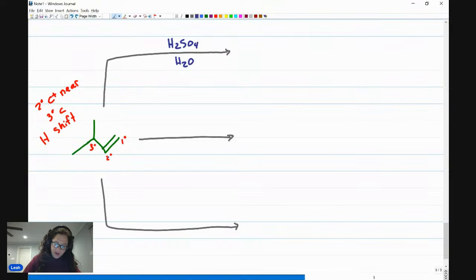But because the carbocation formed at a secondary position next to a tertiary carbon, there was a hydride shift, a carbocation intermediate, and the unexpected product has the alcohol not on the primary position, not on the secondary where the pi bond used to be. Instead, the alcohol winds up at the tertiary position, the most substituted carbon, even though the pi bond was never there. So I'll put a note here so that you have it.